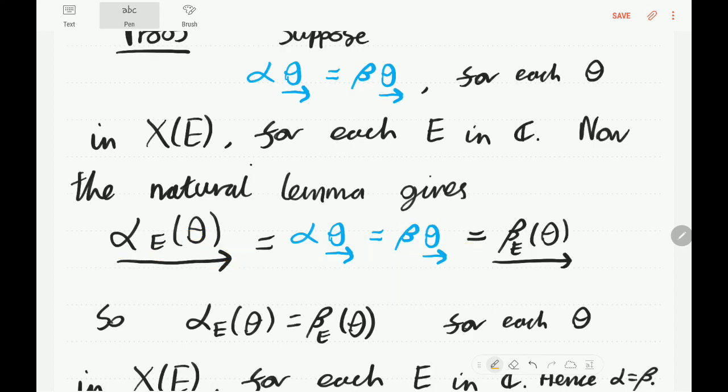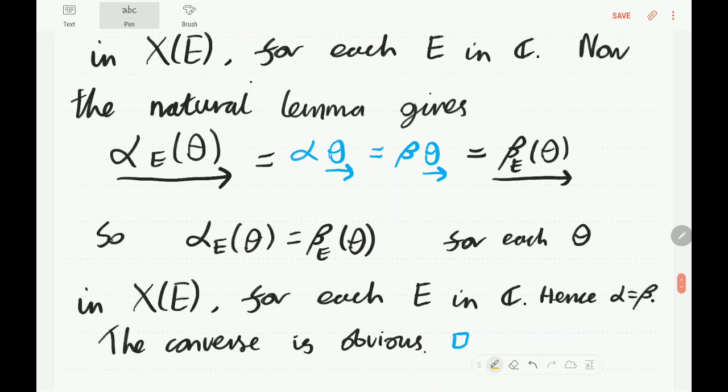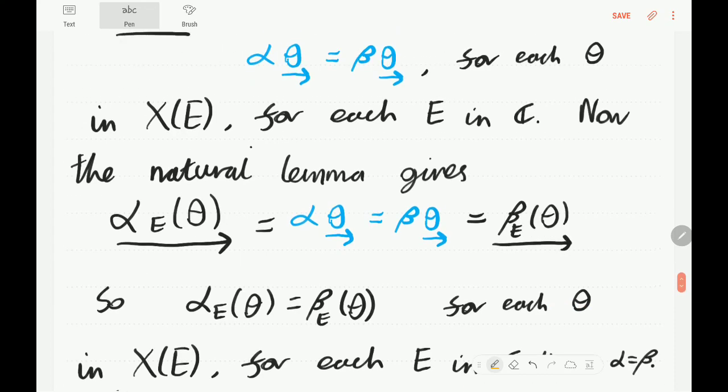And similarly, we can write beta after theta under arrow as the natural transformation corresponding to beta subscript e of theta. And so, of course, these things in black on the left and right are going to be equal to each other. And we've just argued that this holds for any element theta of x of e.